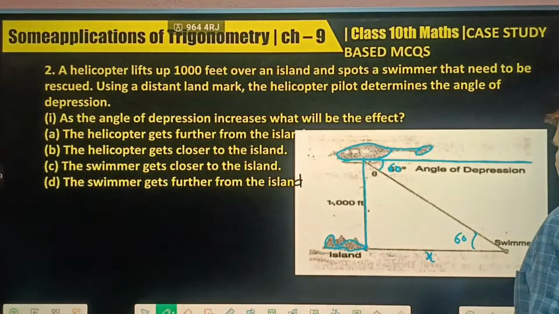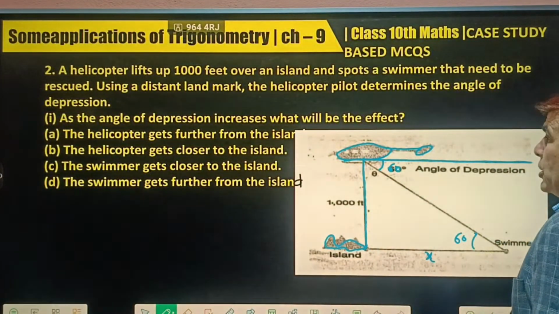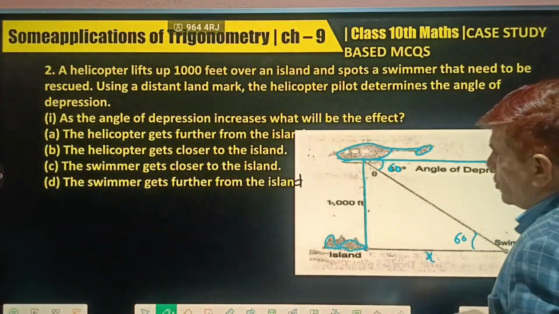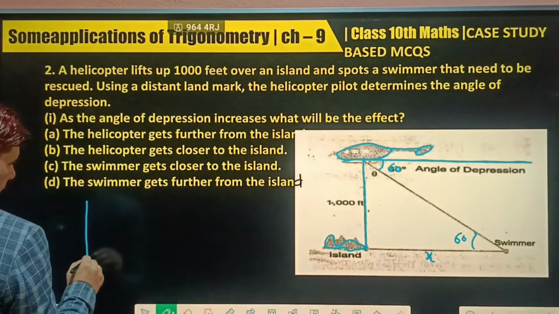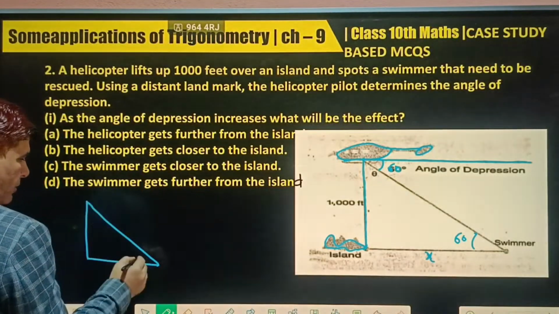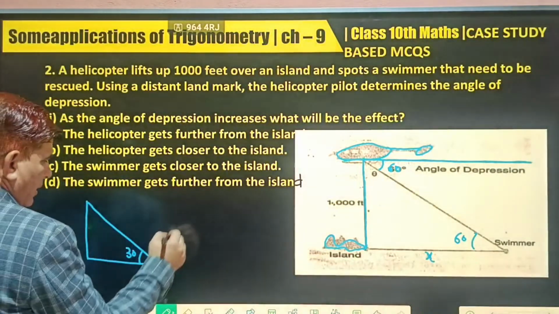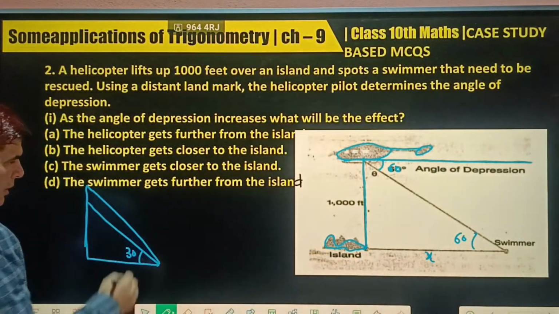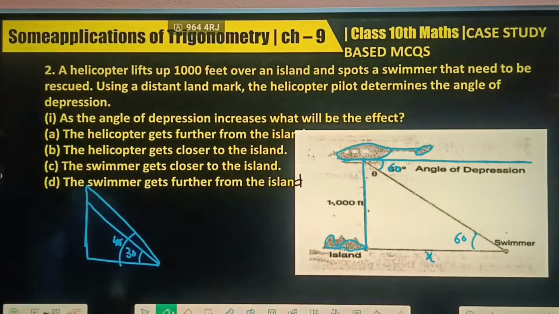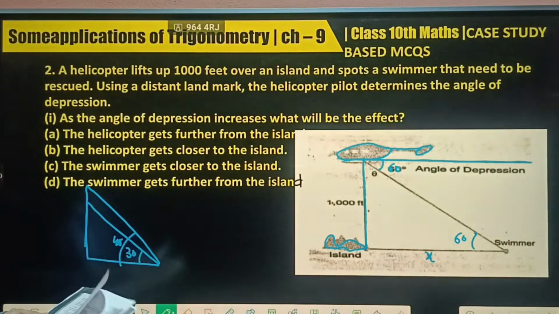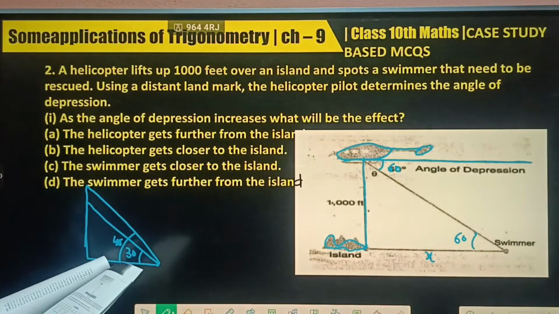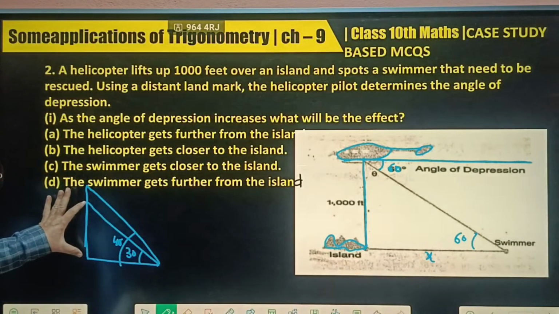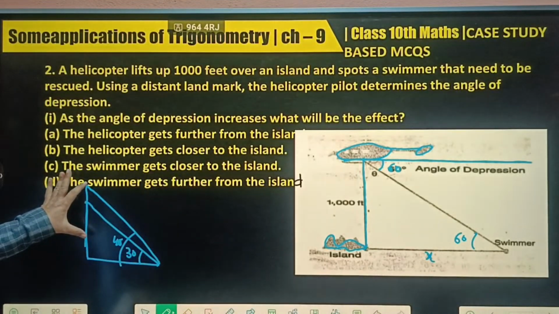If this is going this way and this distance increases, which one decreases? This one decreases. Which one increases? The distance. Take it like this: if this angle is 30 degree and this angle increases like this, this becomes 45. So which one increases? This one increases. If the angle increases, this one increases. The helicopter starts here, then goes upside.